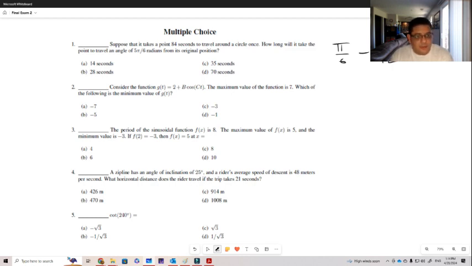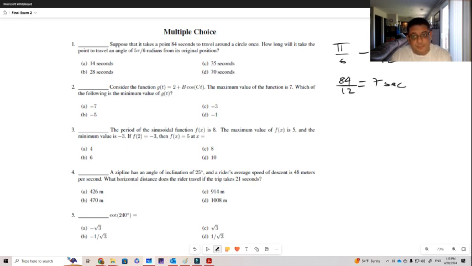Essentially, if it takes 84 seconds to travel the entire circle, then 1/12 of a circle, which is what it takes to cover pi over 6, is 84 over 12. That means covering pi over 6 takes 7 seconds.